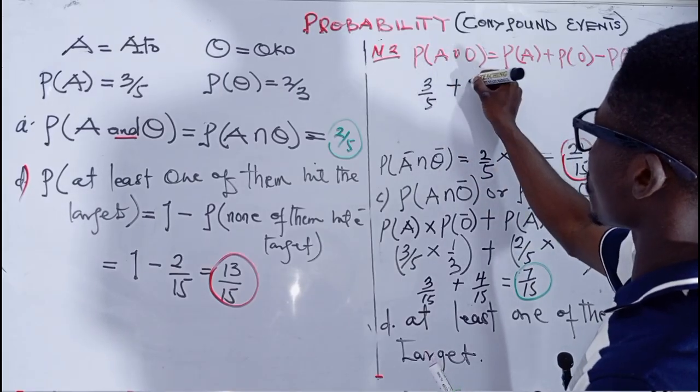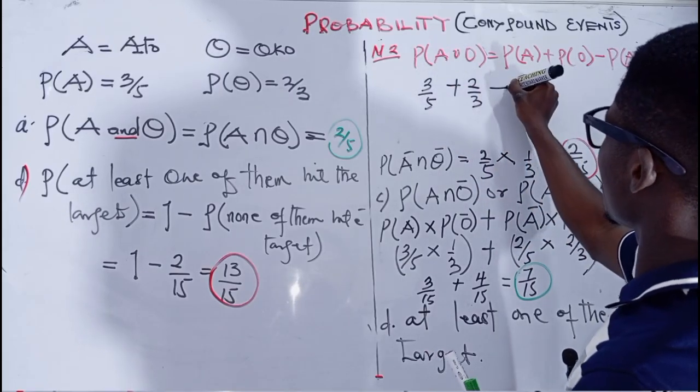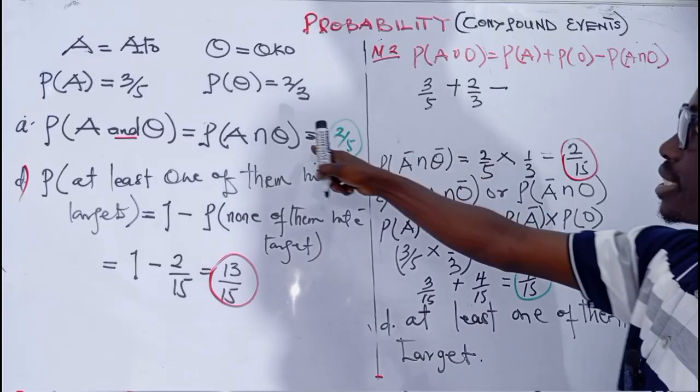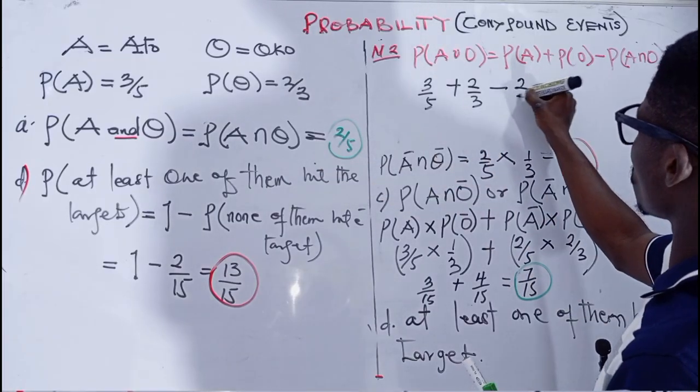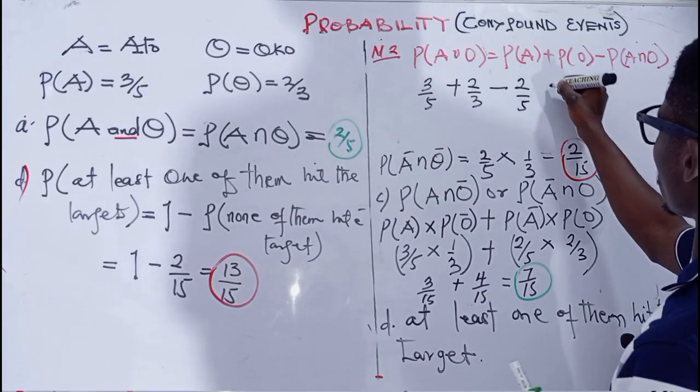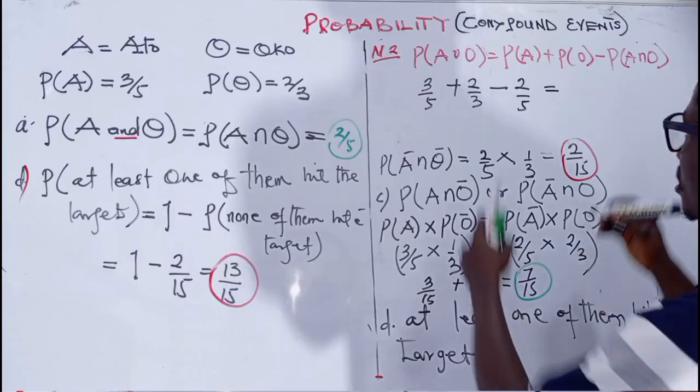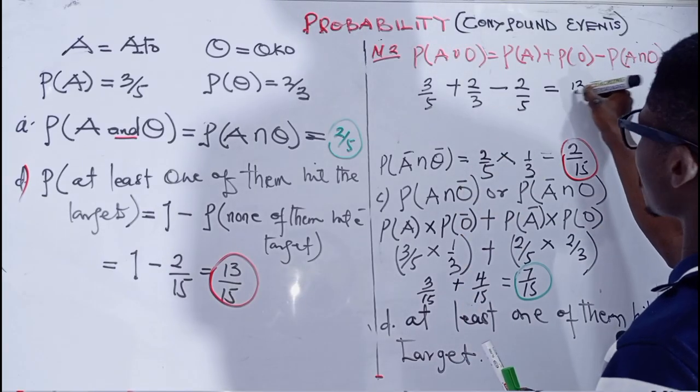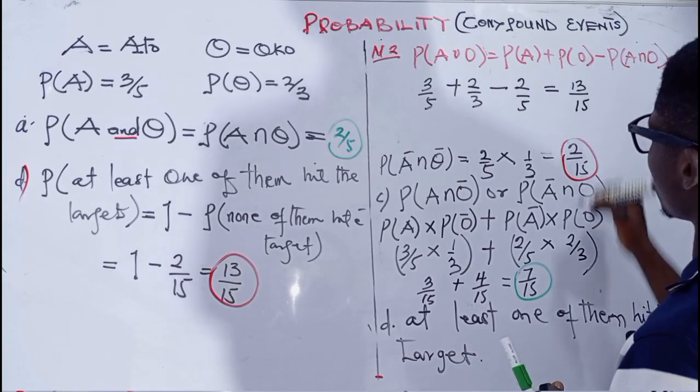Oko hitting the target, we have 2 all over 3. Minus Ato and Oko hitting the target, we had 2 all over 5. When you do your addition and subtraction, you are going to get 13 all over 15.